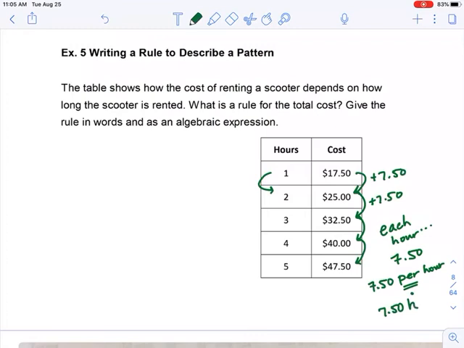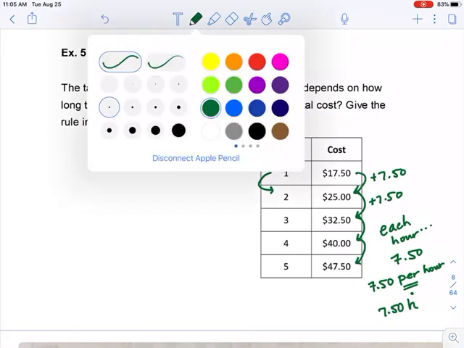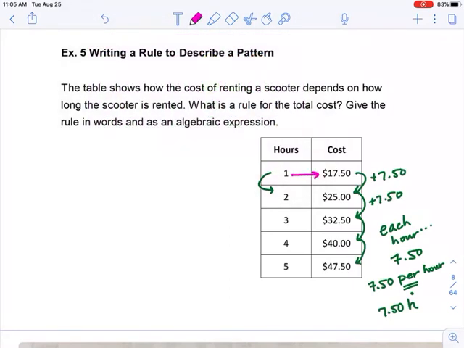Now let's go back and see what else we are missing. It tells us that we are renting a scooter for how long it is rented, how many hours. But there's something else going on, because if I go from 1 to $17.50 and all I had was $7.50 times 1, what else do I need in there? I also need to add how much money? $10. So let's see. If I take $7.50 and multiply by 1 and add 10, I end up with $17.50.